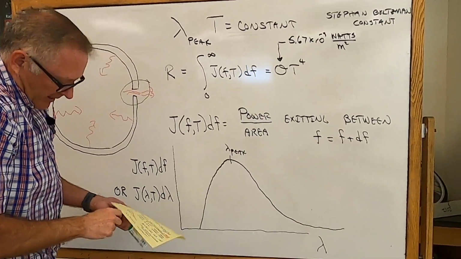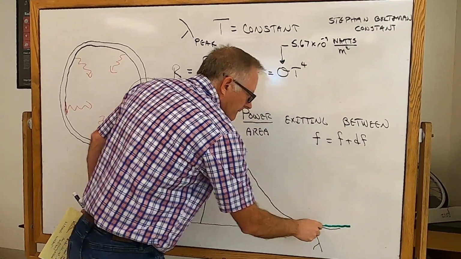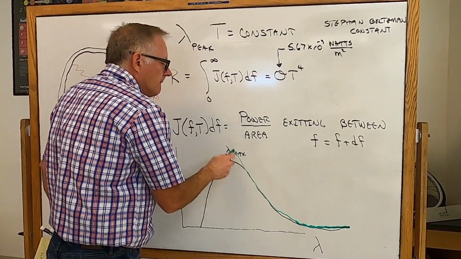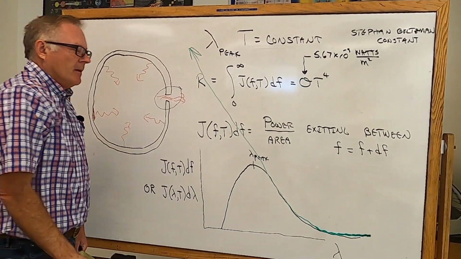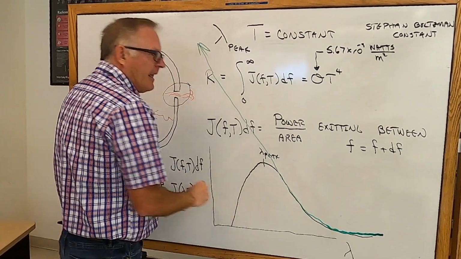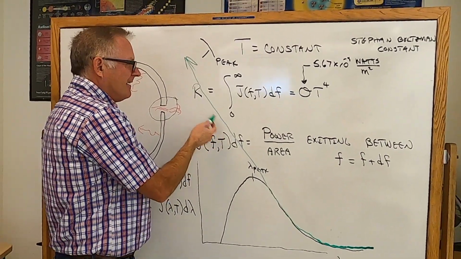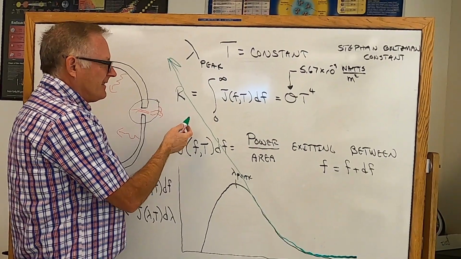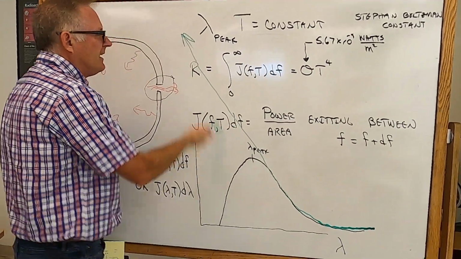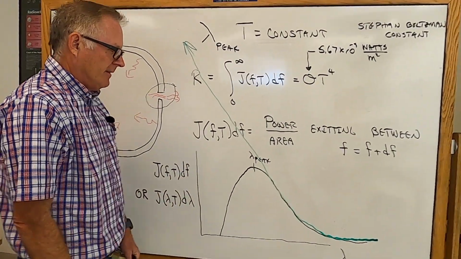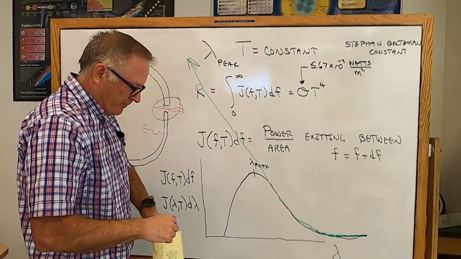If you were to plot it on this scale right here, it would look like this right here. It's not bending back down. And if you tried to integrate this thing, you'd get infinite. It would say every radiating object emits an infinite amount of energy because the area under the curve is the total radiated power.